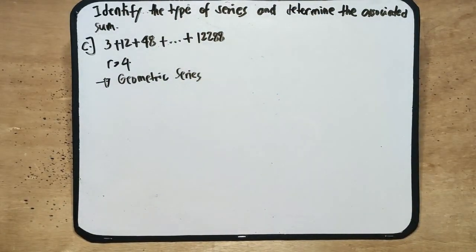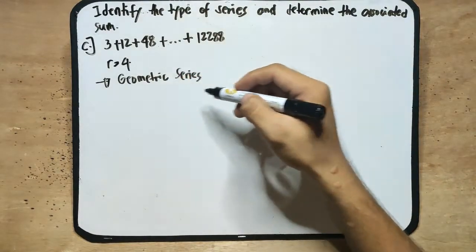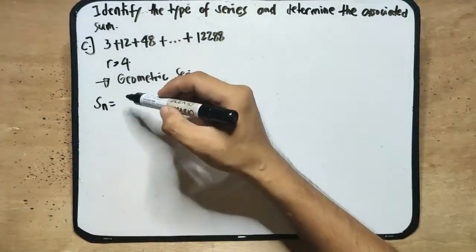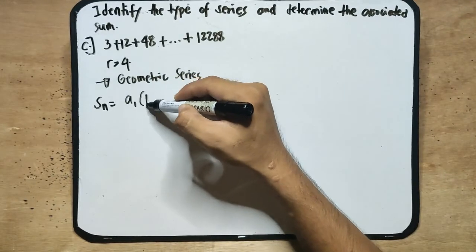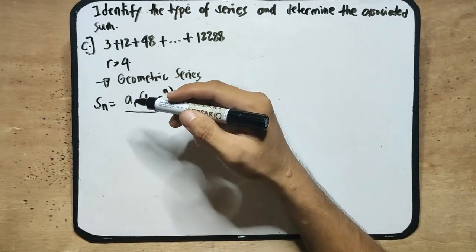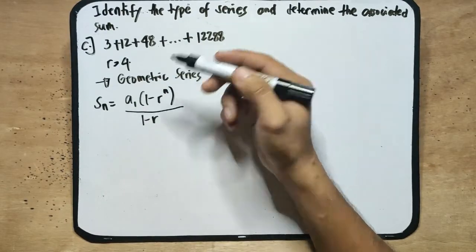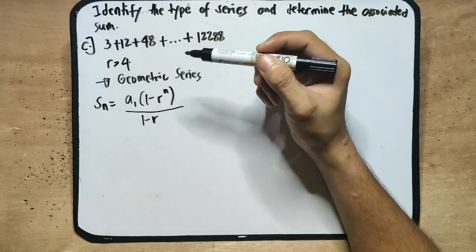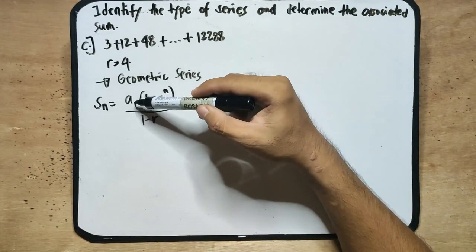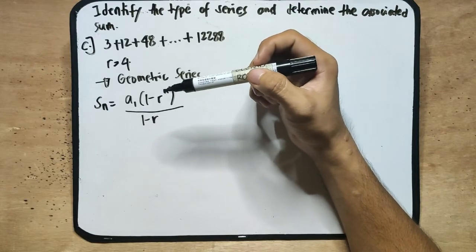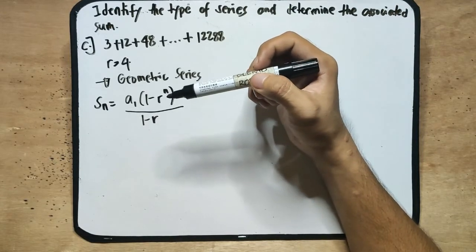So since it is geometric, the formula is S sub n is equal to a sub 1 times (1 minus r raised to n) all over 1 minus r. So we already have the value of the first term. We already have the value of r. What's missing is the value of n.